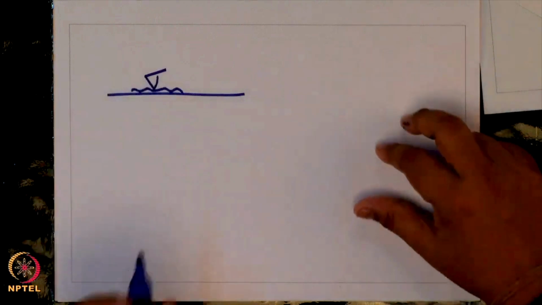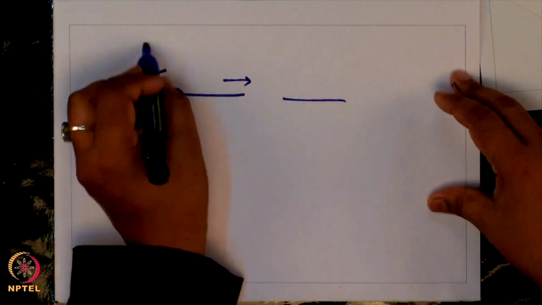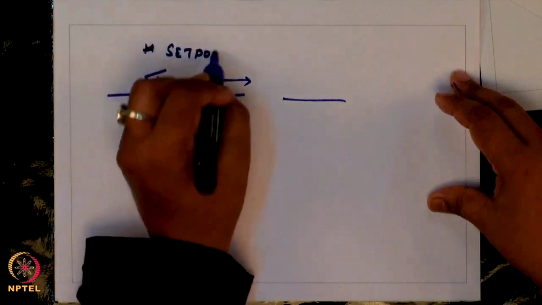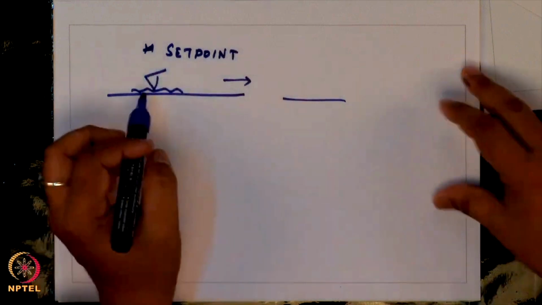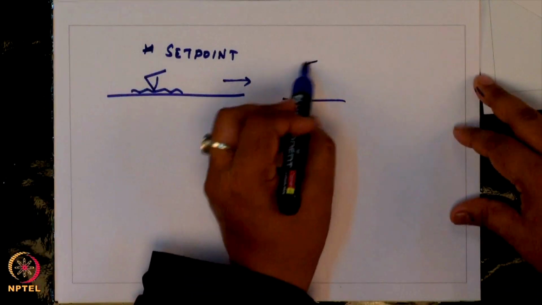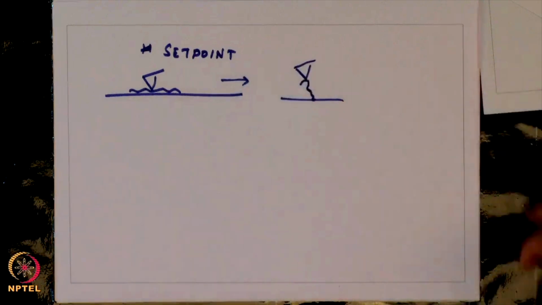So, you have this structure, the tip has touched the protein. From here, let us say you have reached the set point. From here the tip has to go up. Once the tip starts going up, you will have a situation like this.